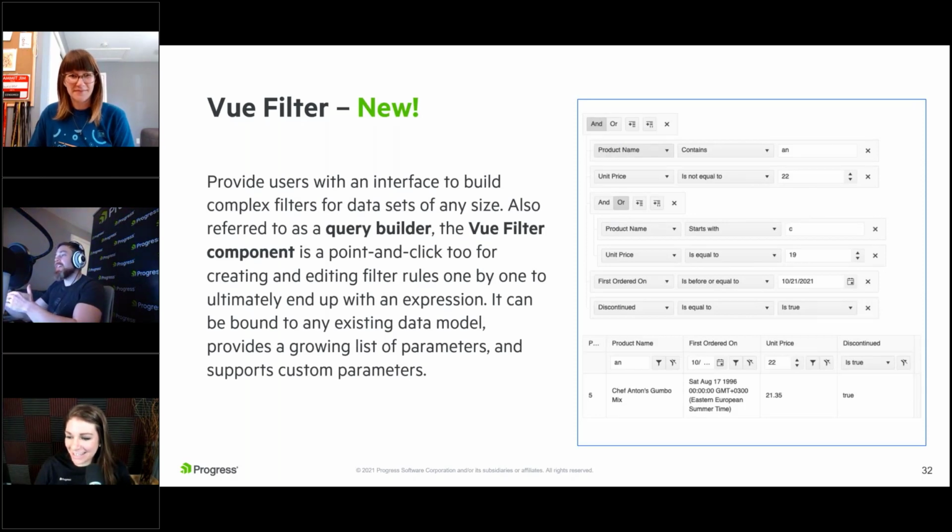Now we also added the filter component. So this image over here on the right-hand screen showcases the filter component tagged along with one of our data grids. So yes, these work hand in hand because with data tables, oftentimes you have a ton of data in there, but the component also works by itself. And I kind of see this as a query builder, or like Alyssa mentioned on the Angular side, a regular expression kind of editor that can help users that don't necessarily want to become regex experts, because even as a developer, I'm not.